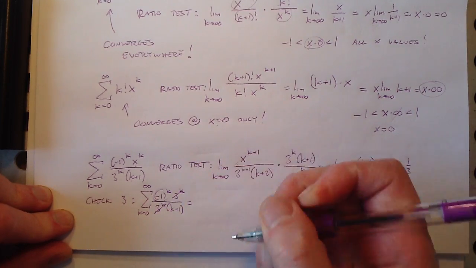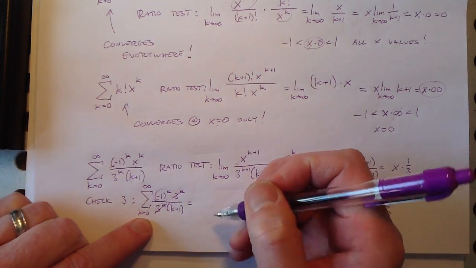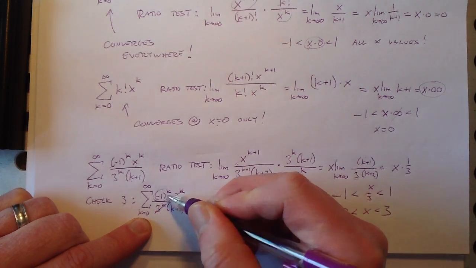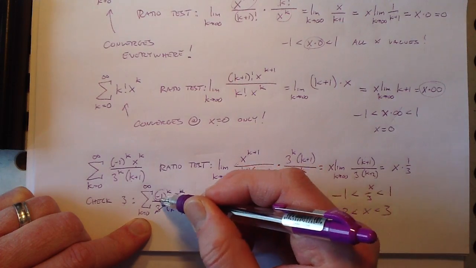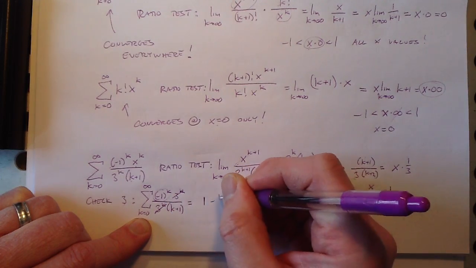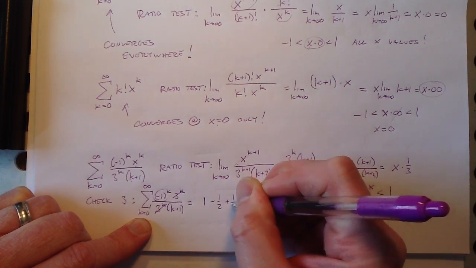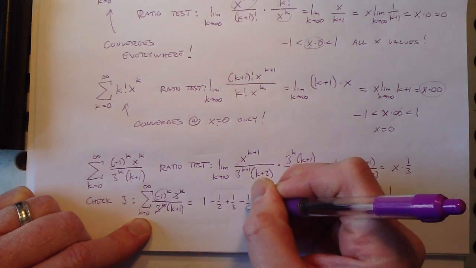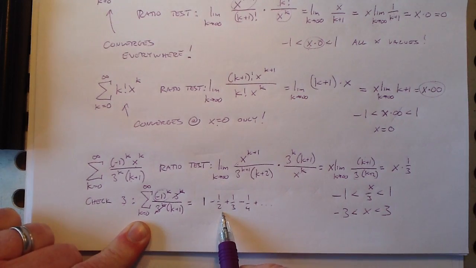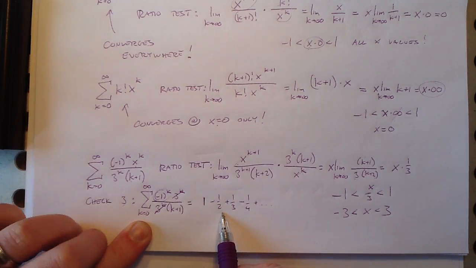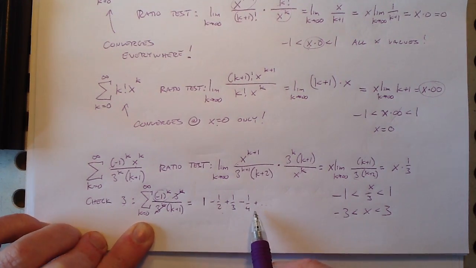So let's write out a few terms and see if we recognize that. When I plug in 0, I get 1. When I plug in 1, I get -1/2. And I get the alternating harmonic series. Does that converge? Yes, it does. It converges conditionally, right?